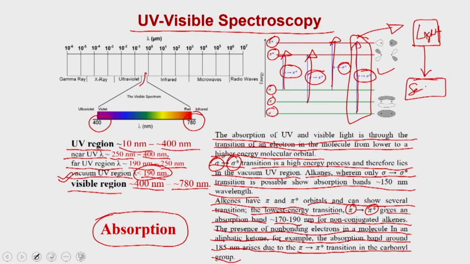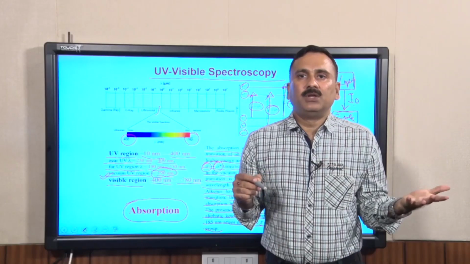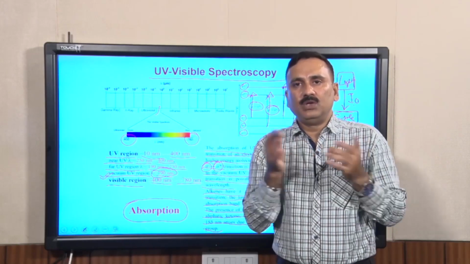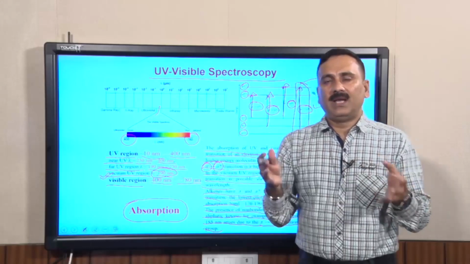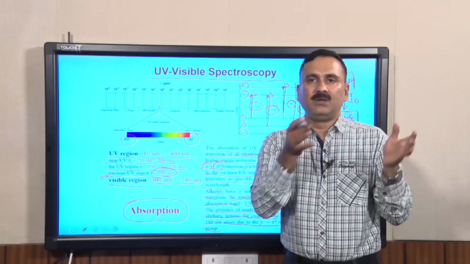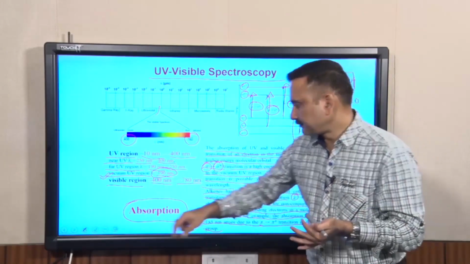Then I need something that will tell me how much is the absorption. Suppose I am providing I0 as the initial light and I get the light I; it should tell me how much lower I is than I0, and that is used to calculate the absorption of the light by this particular molecule.